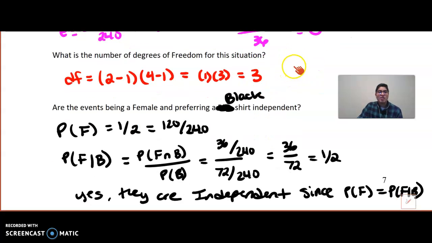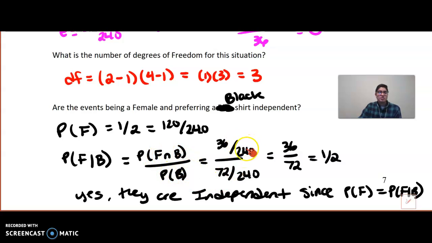And then lastly, are the events of being a female and preferring a black shirt independent? I calculate the probability of being a female. 120 out of 240 of our participants were female, so that is a 50% chance. Then I calculate the probability of being a female given that you prefer the color black. And back to conditional probability days, we look at the intersection divided by the condition.